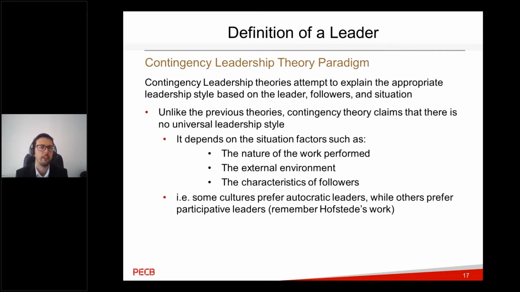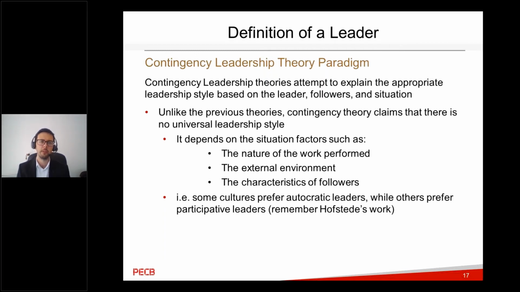In itself, contingency leadership theory tries to explain the appropriate leadership style based on the leader, the followers, and the situation. This builds up on the behavior that we discussed earlier, and we claim that even a single leader's response to the environment, so to the followers and to the situation itself, is based on various environment-related factors.